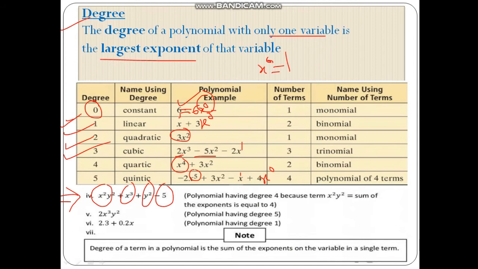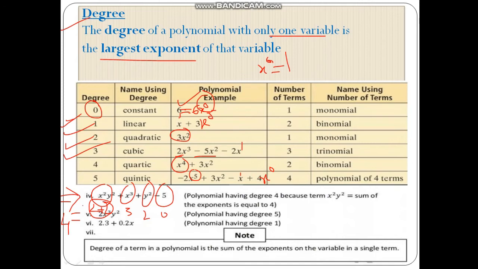So I am going to add this 2 plus 2, that will be 4. In this term just 3 is there, in this term 2, in this term 0. So 2 plus 2, that is equal to 4, is the degree of the polynomial. I hope you are getting it.